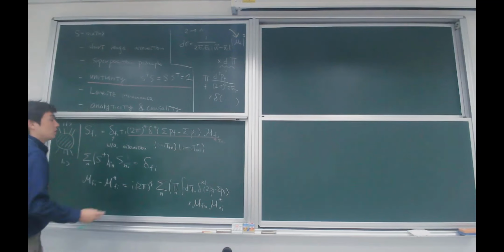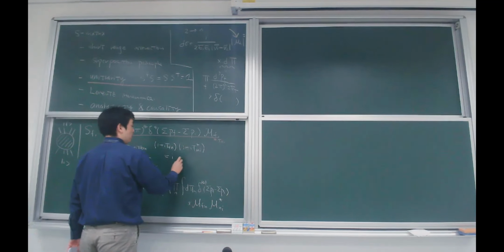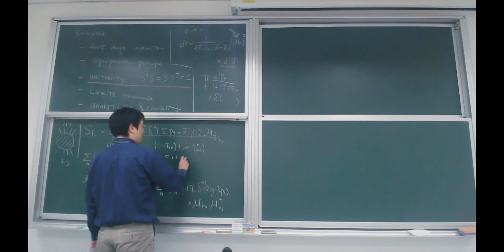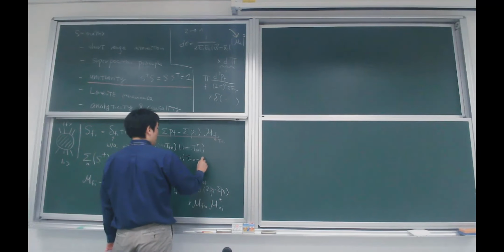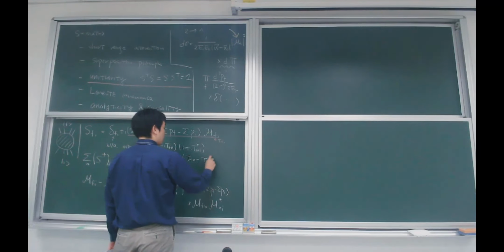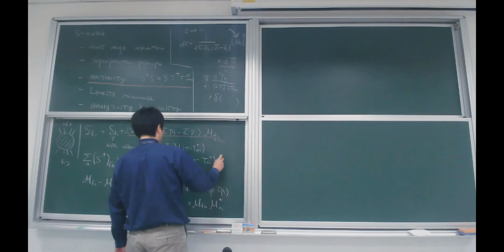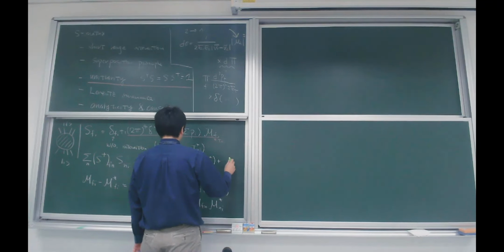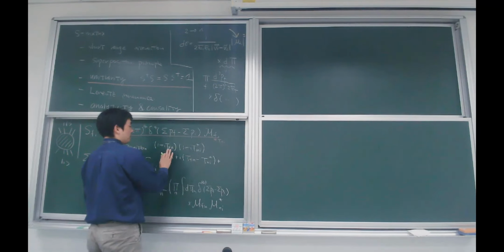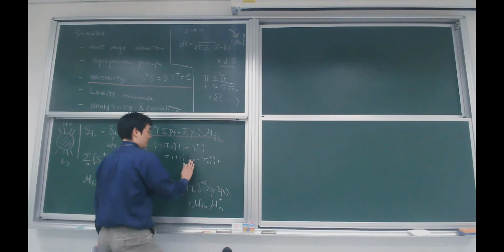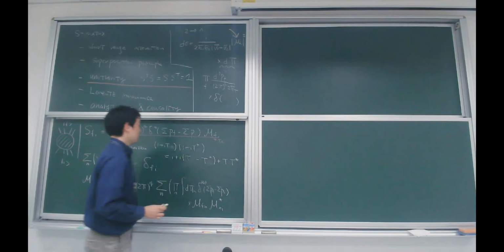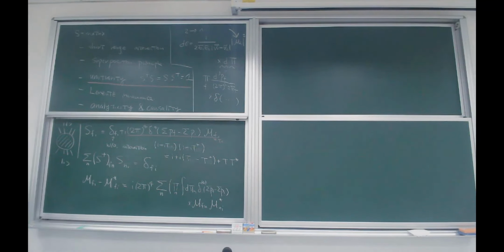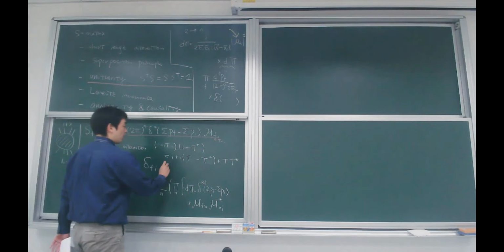So this is equal to 1 plus i times T_fn minus T star_ni, plus the product T and T star. That's what I'm doing here. And then this is equal to 1.